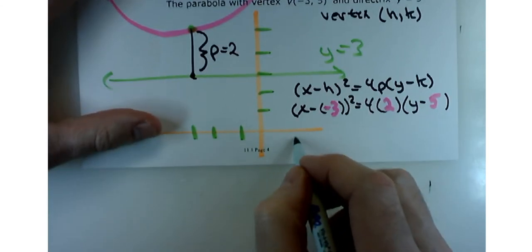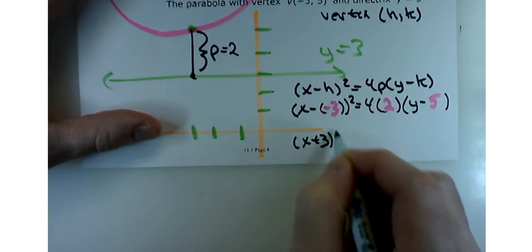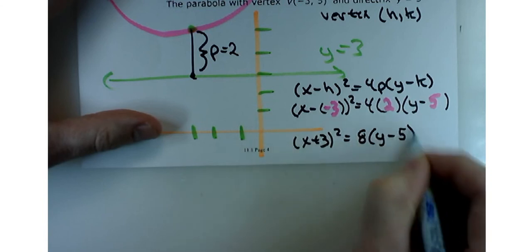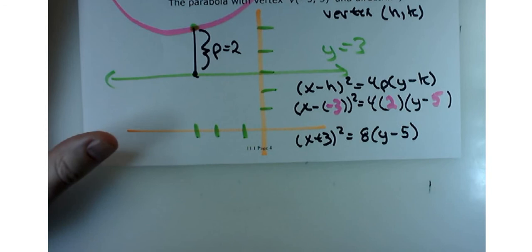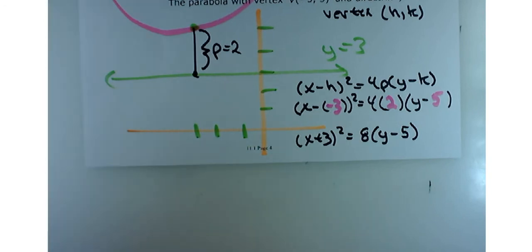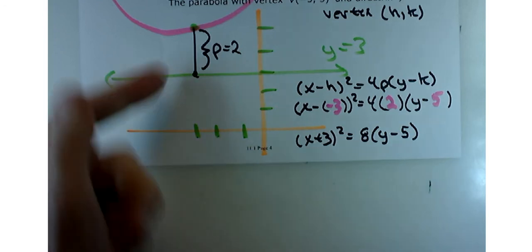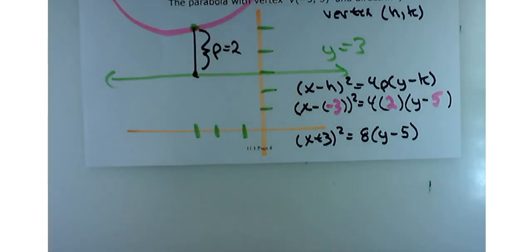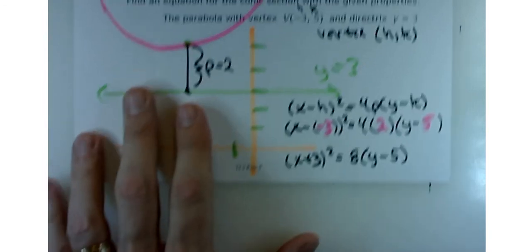So overall, it's going to be x plus 3 squared equals 8 times y minus 5. Yay. That's your equation. Now, there's not going to be any problems quite like this in this section, but it is a hint at things to come in section 11.4. So, good luck with these.